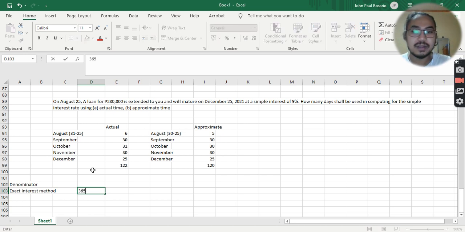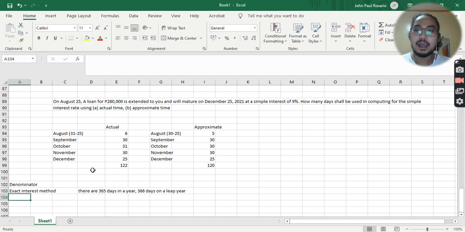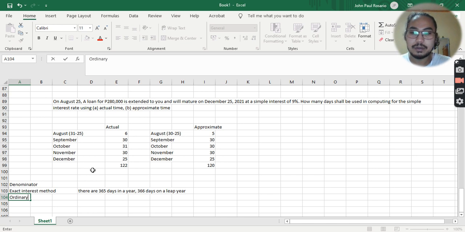So there are 365 days in a year, 366 days on a leap year. However, on the other hand, we also have the ordinary interest method.